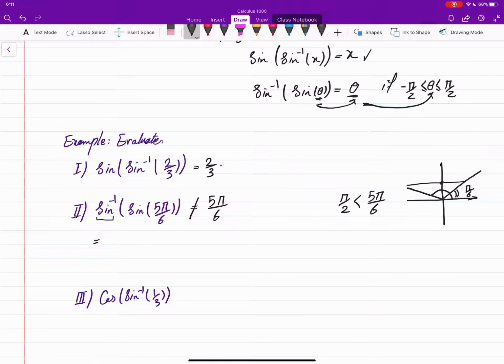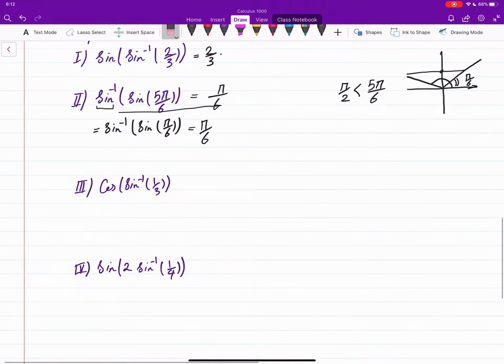Then I can rewrite this: sine of 5π/6 is the same thing as sine of π/6. And now we are in a good domain. π/6 is a number between -π/2 and π/2, and so the answer is π/6. You see that this was not true, but what was true is this one.